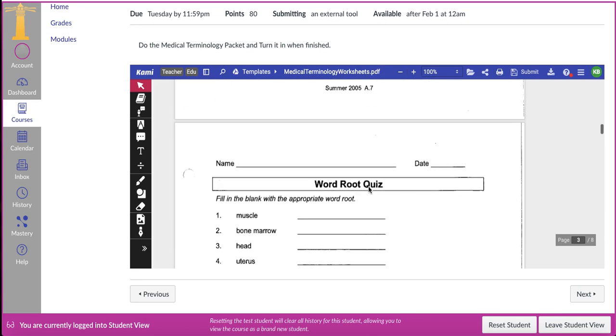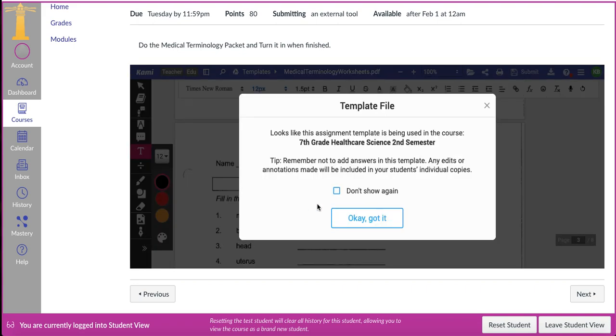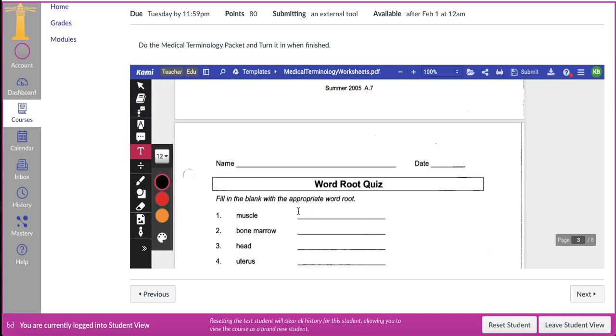As I start through here, unfortunately it's going to be a lot of scrolling up and down. There's really nothing I can do about that. But here, to insert what it would mean, you have to choose the text box, okay? You would click the text box here, click here and type in myo.